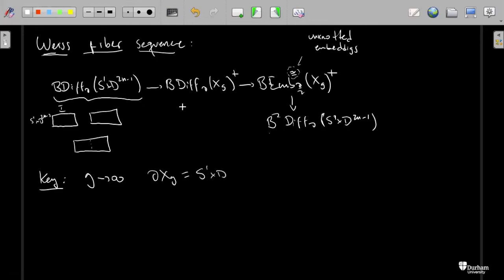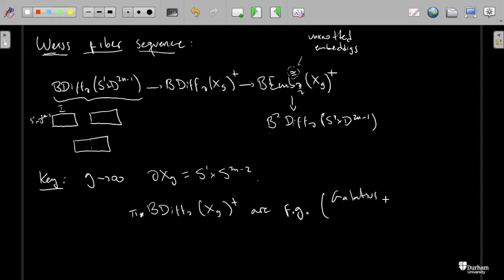So sorry, S2n minus 2. And also, more importantly, well, not more importantly, but also this space is known. And the homotopy groups, when you take the limit, are finitely generated. This follows from work of Galatius and Randal-Williams. And this is why this strategy is going to let us do something new, because now we know something about one of these spaces here.